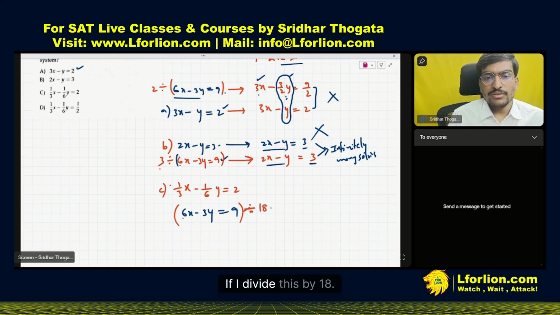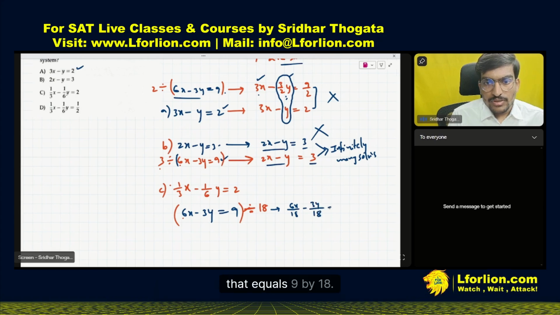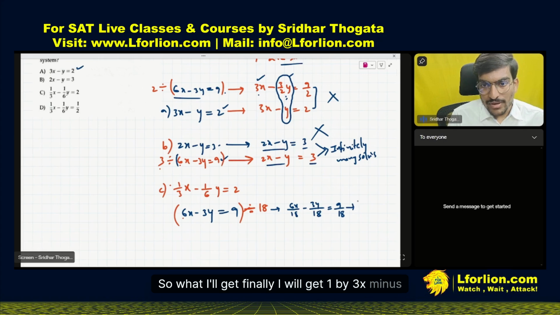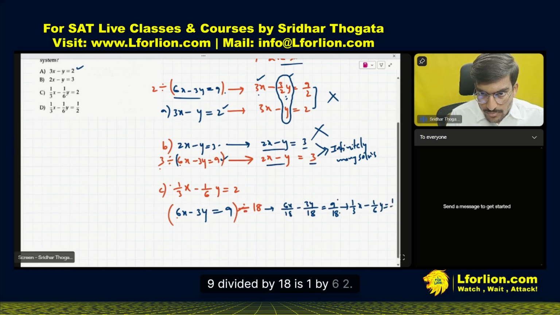If I divide this by 18, it will look like 6x by 18 minus 3y by 18 equals 9 by 18. So what I'll get finally is 1 by 3x minus 1 by 6y, and 9 divided by 18 is 1 by 2.